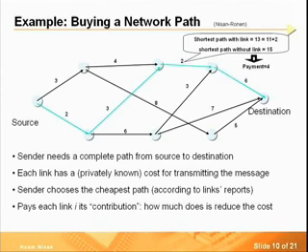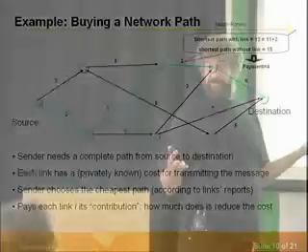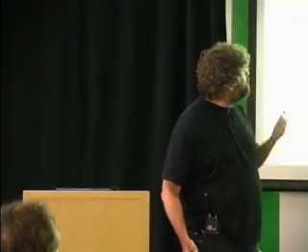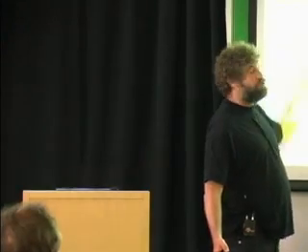In computer science terms, I simply have to find the shortest path between source and destination. What makes it an algorithmic design problem? Well, the links here are separately owned and have their own goals. So I will have to pay them for using their link. Of course, they now have an incentive to report their true cost or not, according to the way I pay them.